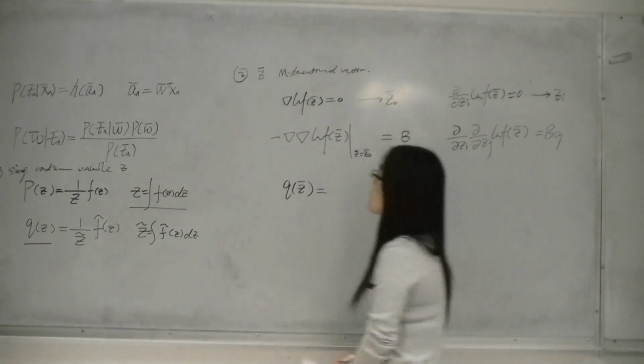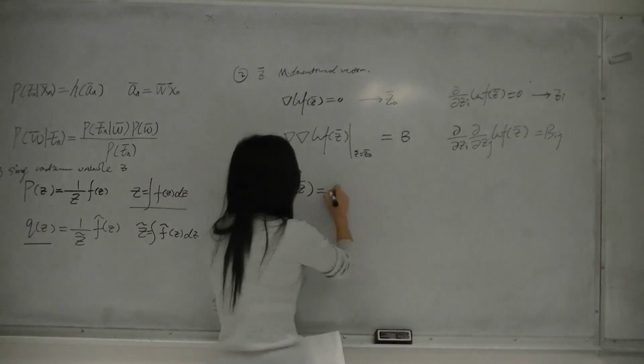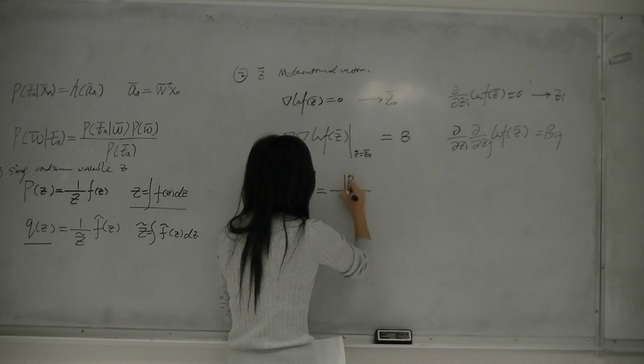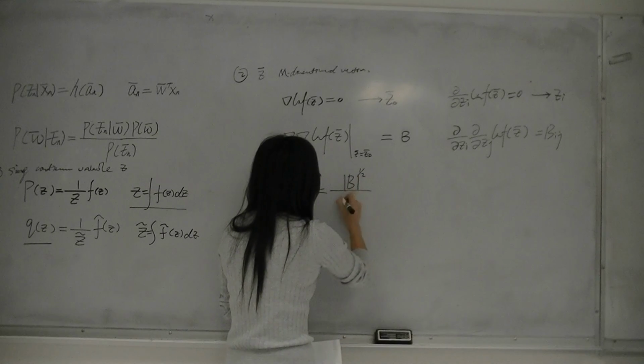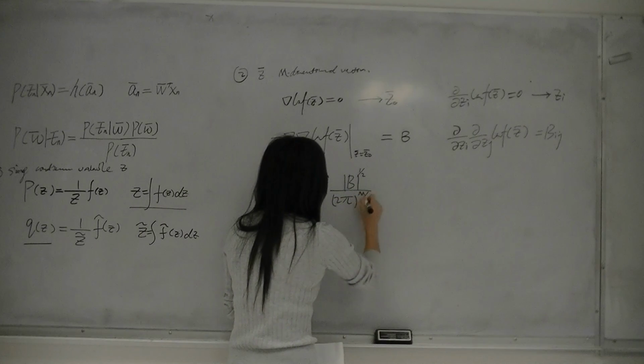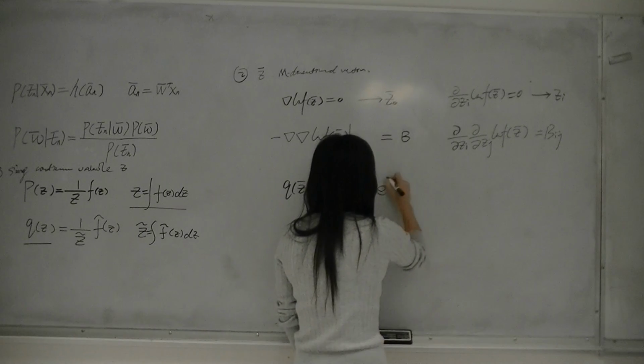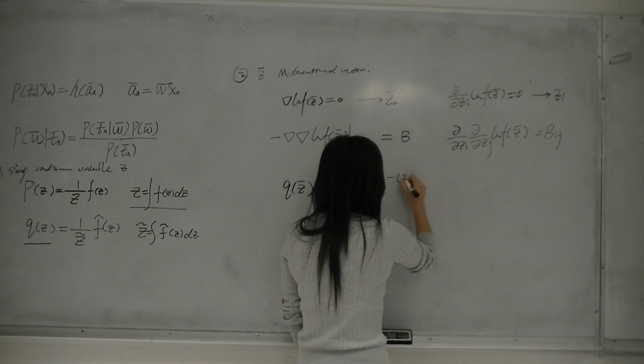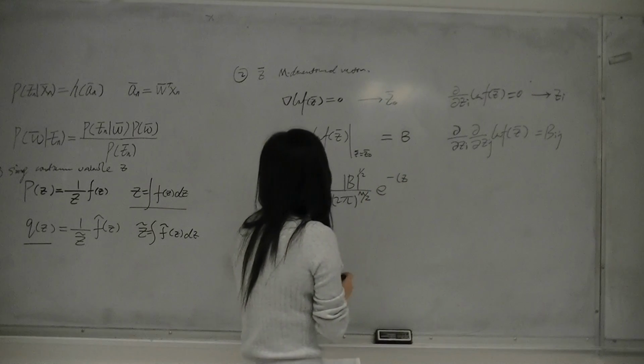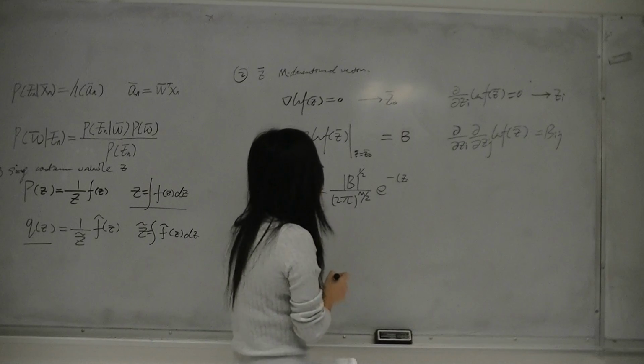So then we can write the Gaussian distribution with determinant of B and the mean z0. But the second one is equal to B.